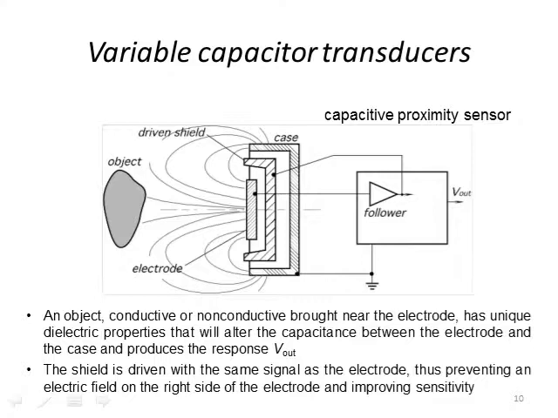Now the purpose of the driven shield is to apply the same potential to the shield that you do to the primary electrode in the center. And in this case, we don't have any electric field lines that extend between the shield and the electrode. However, we do get fringing fields from the primary electrode to the case.